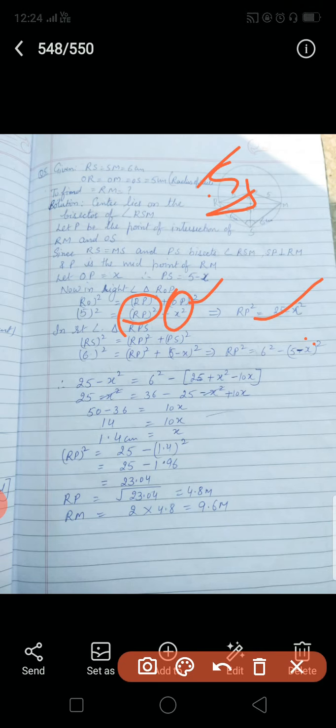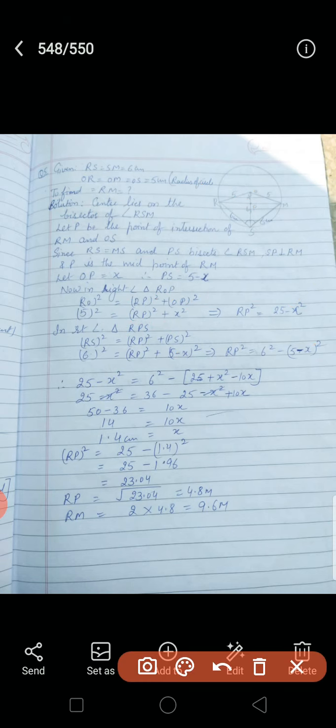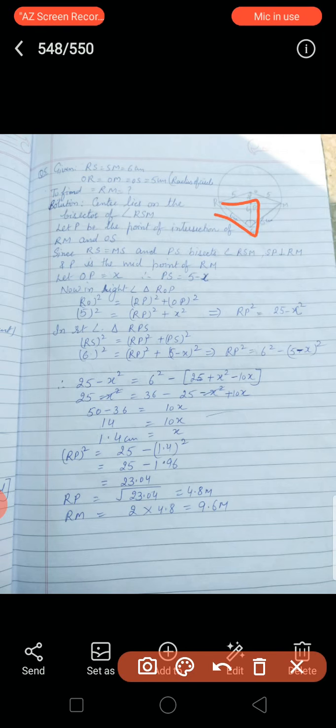Now take the other triangle, RPS. In that the hypotenuse is 6 and the base is 5 minus x, and the perpendicular is not given, so we have to find it.